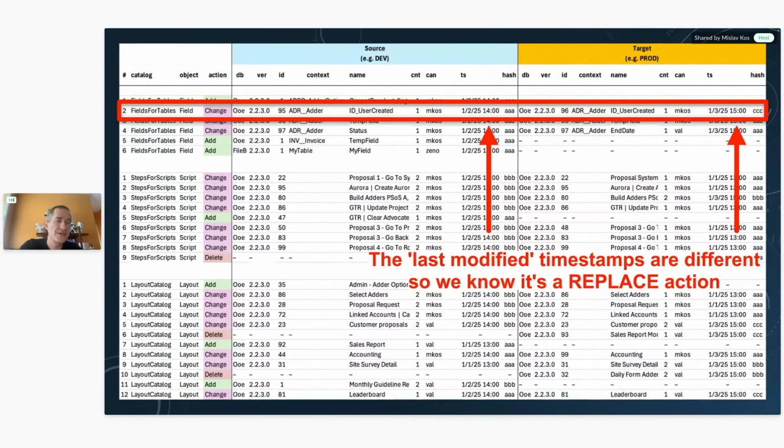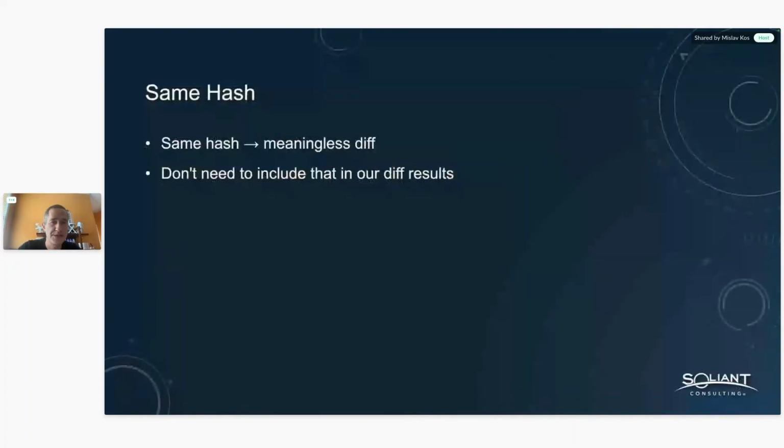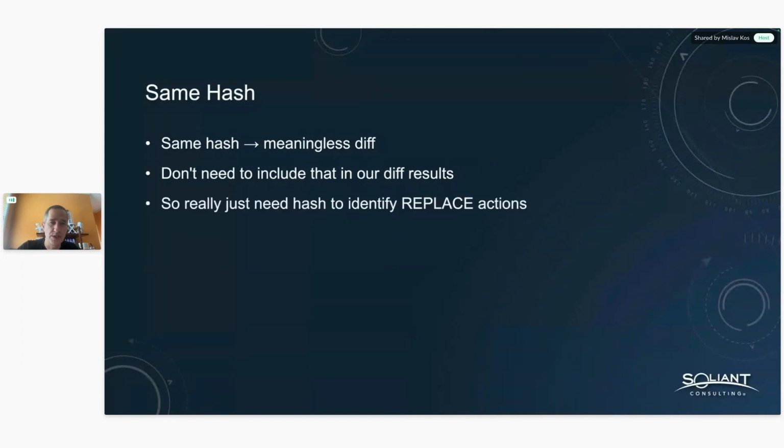But what if the hashes were the same? They're not in this contrived example, but what if they were the same? If the hashes are the same, that means this is what we could call a meaningless diff, right? It means that the last modified timestamp got updated, but not because anything substantial changed in that catalog object. And so we wouldn't want to include that in our diff results. That would just be noise into the overall picture. So really, it's just the hash that we need to identify replace actions.